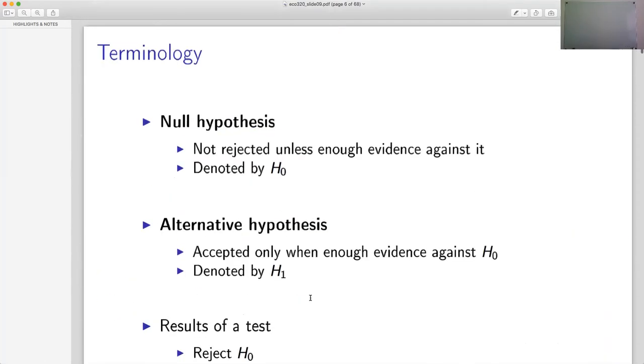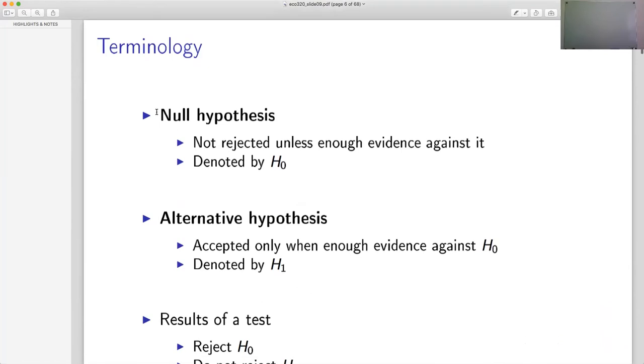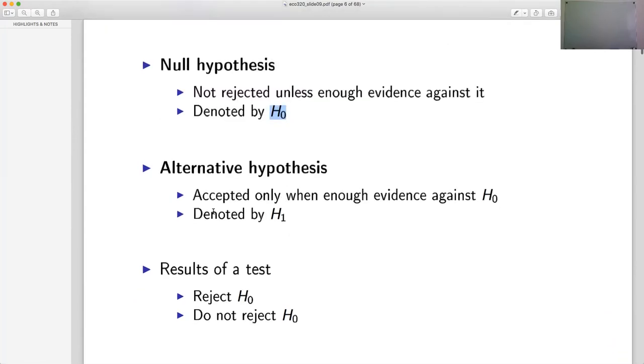So let me discuss more about that. The null hypothesis is not rejected until you have enough evidence against it. We usually denote it by H naught. And the alternative hypothesis is accepted only when there is enough evidence against the null hypothesis.